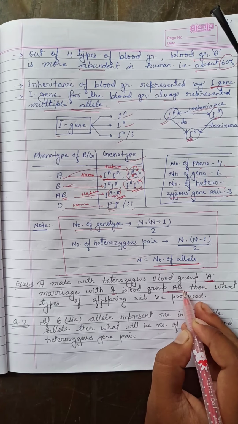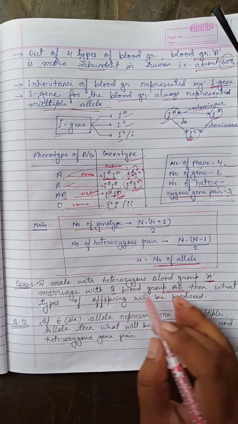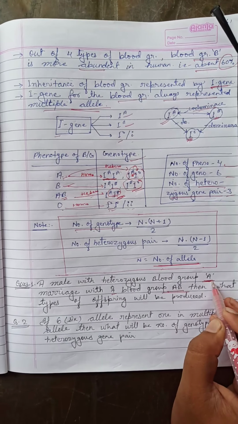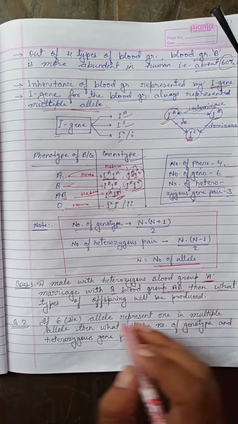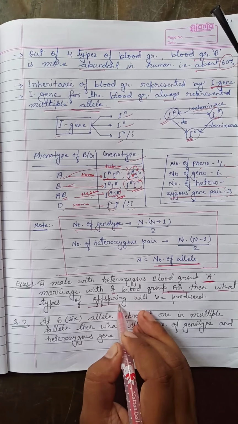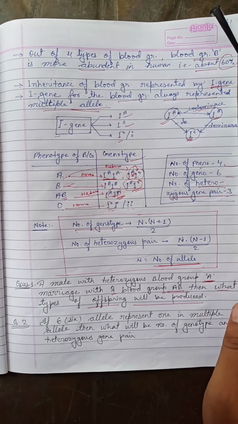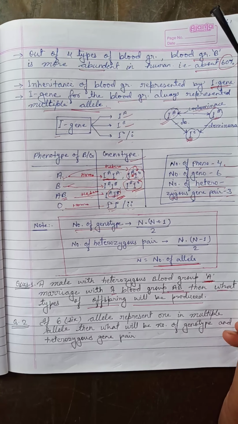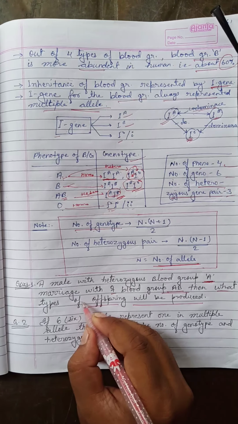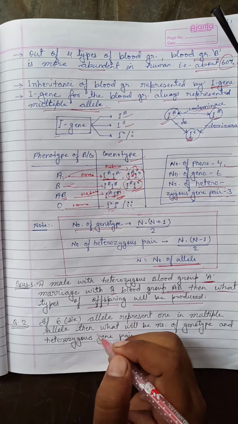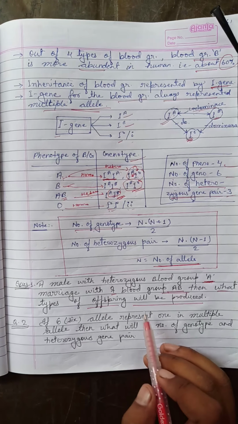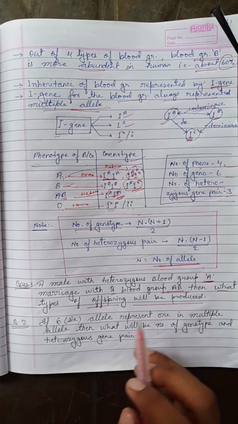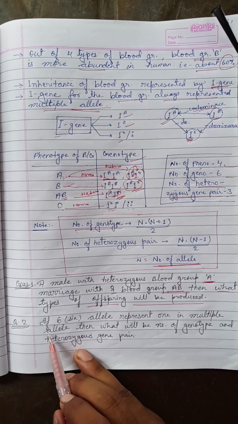That means the female has blood group AB and the male has blood group A in the heterozygous condition. What will be the types of offspring, and what will be the types of blood group?